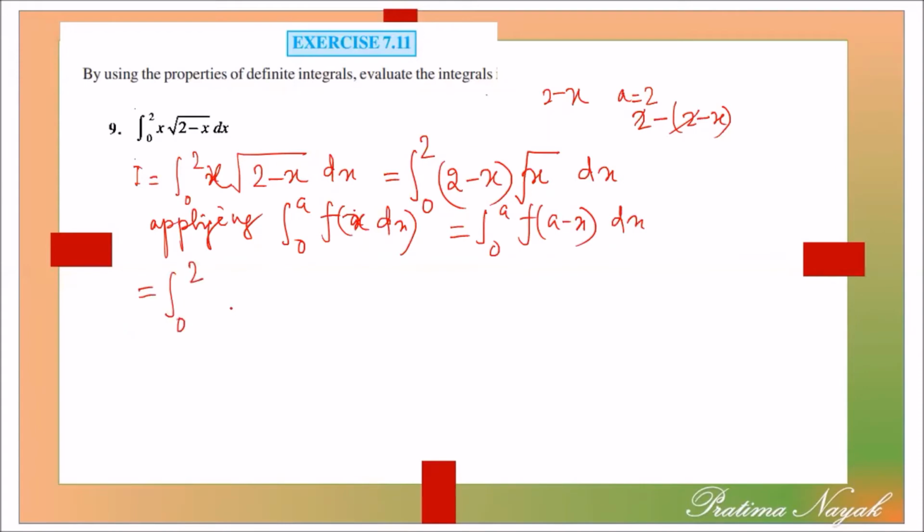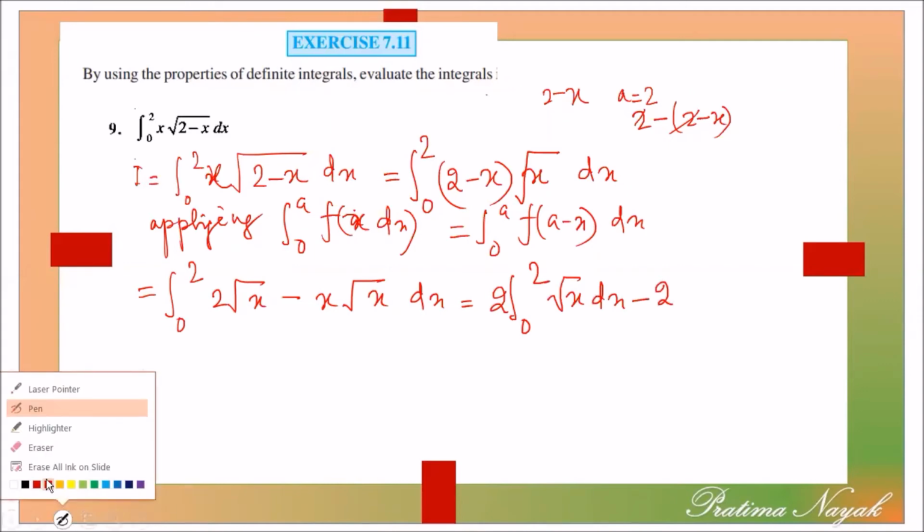Integral 0 to 2, I'll multiply 2 root x, then I'll multiply x root x. And 2 root x means I can write 2 here, root x integration minus twice, minus integration, it is now twice.